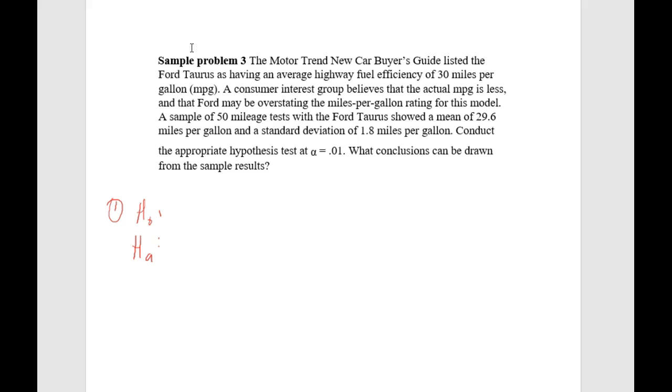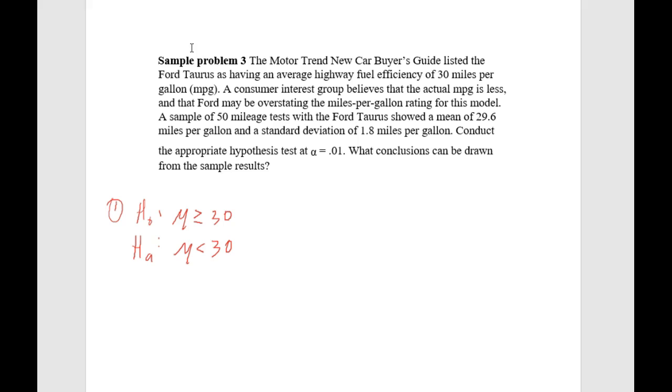Well, we suspect that Ford is overstating the miles per gallon. That means we suspect that the miles per gallon is actually less than what they're saying. So we suspect that mu is less than 30. Conversely, H naught is going to be mu greater than or equal to 30. So the status quo is that the miles per gallon is greater than or equal to 30.